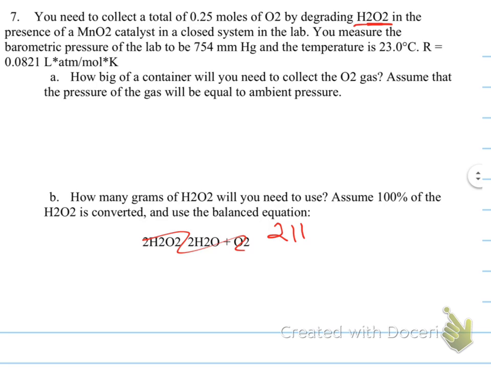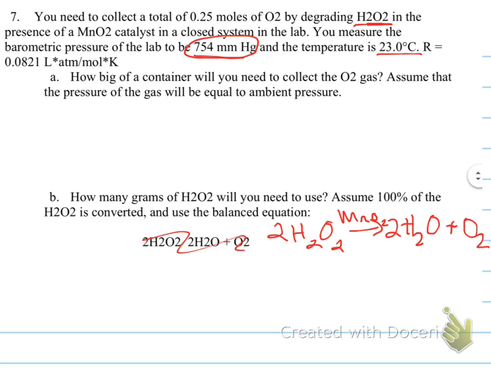So it takes 2 hydrogen peroxide and it produces, hopefully this sheet looks better on your copies than it shows up on my iPad, but here we go. Okay. The catalyst is MnO2 that goes over the arrow. It doesn't actually participate in the reaction. And, barometric pressure is the room pressure, 754 millimeters of mercury, and our temperature is 23 degrees.